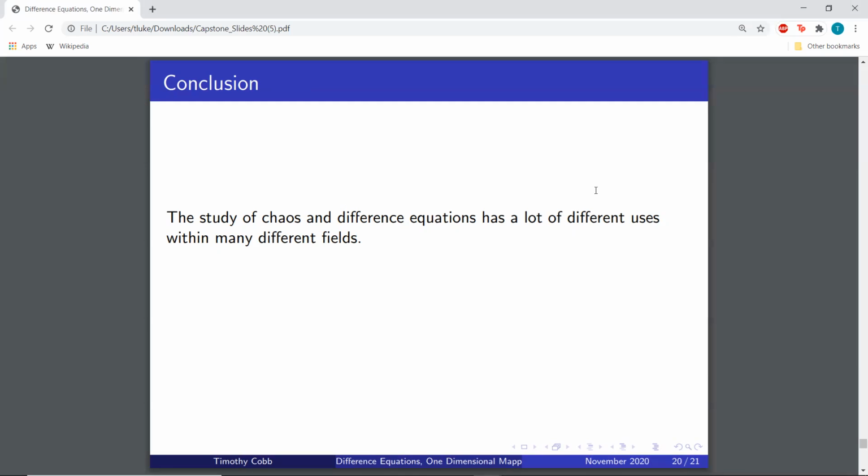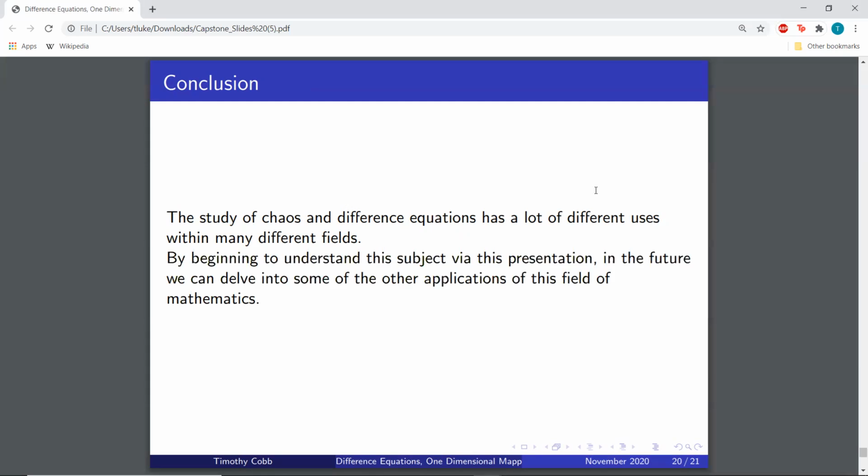And then chaos is quite interesting to mathematicians because it takes functions that we initially thought we knew a lot about and how they would behave, and shows that perhaps they don't behave as we think they would. And so by beginning to understand this subject via this presentation, in the future, we can delve into some of the other applications of this field of mathematics.